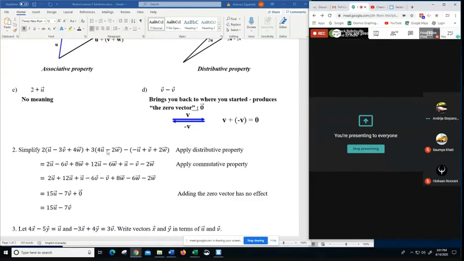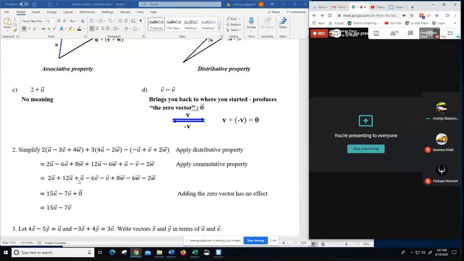So I apply the distributive property. By the way, this is probably more steps than I would expect you to show on an evaluation. I'm just trying to be very explicit as to what's going on. Here we're applying the distributive property. Here we're moving things in any order we like.